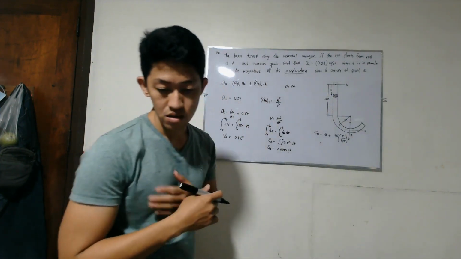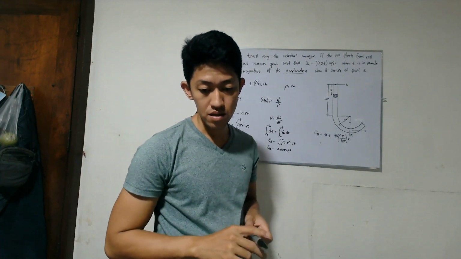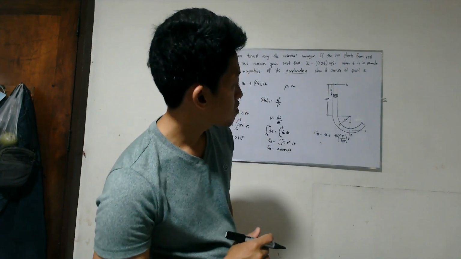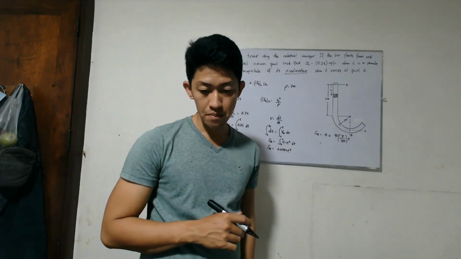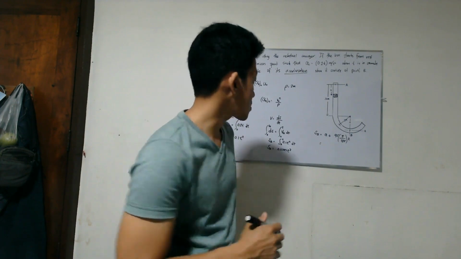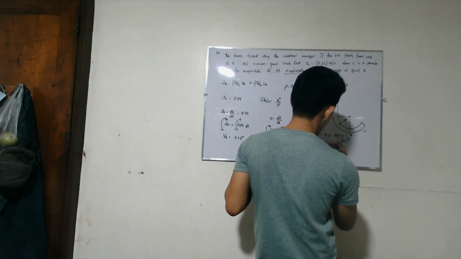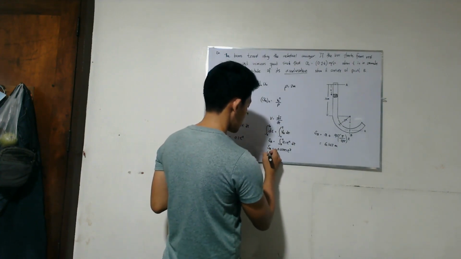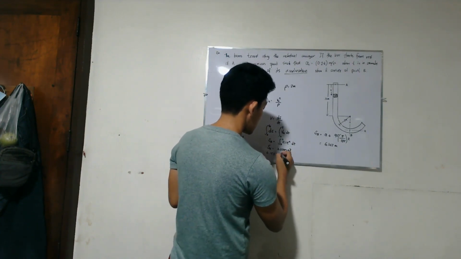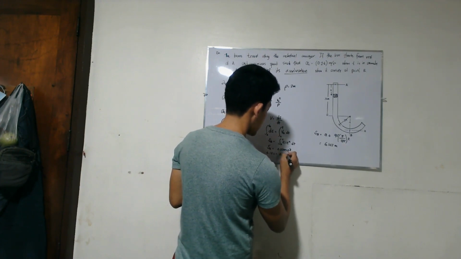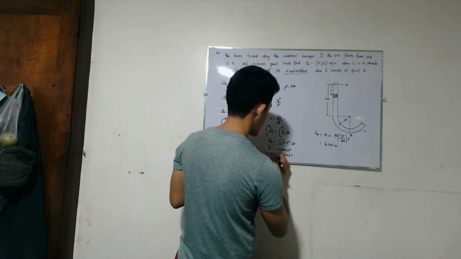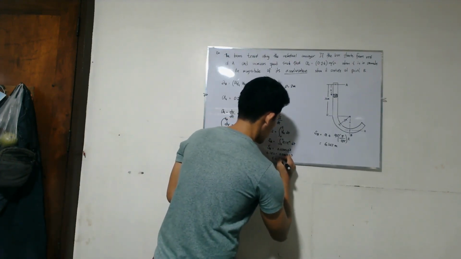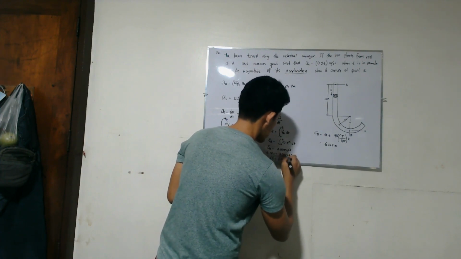Okay, so that is just 3 plus pi, 6.142. Okay, therefore 6.142 is just 0.0333 t cubed, or the time is just 5.69 seconds.